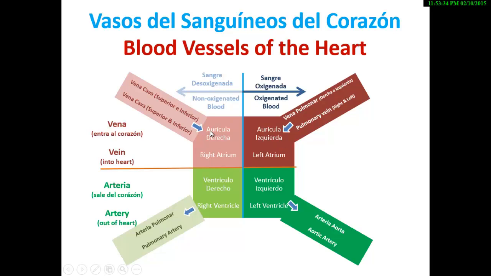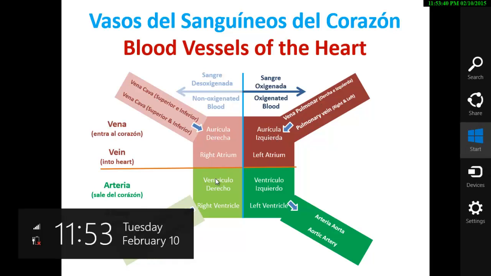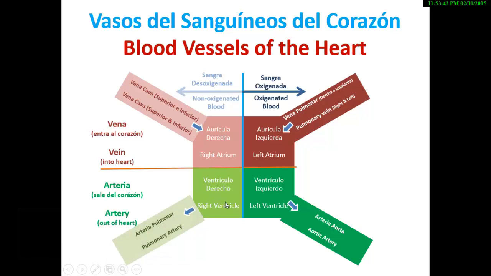So that's the difference between a vein and an artery. Let's start with the simple ones. The right ventricle pushes blood out into the lungs. That's why it's called the pulmonary artery.